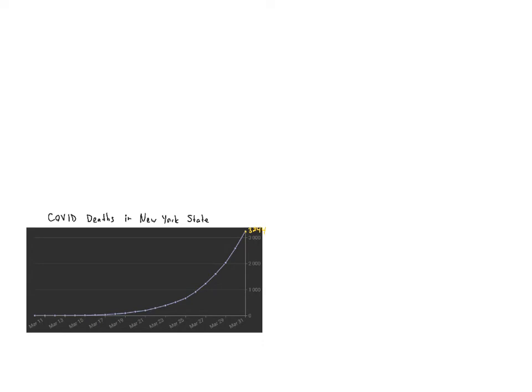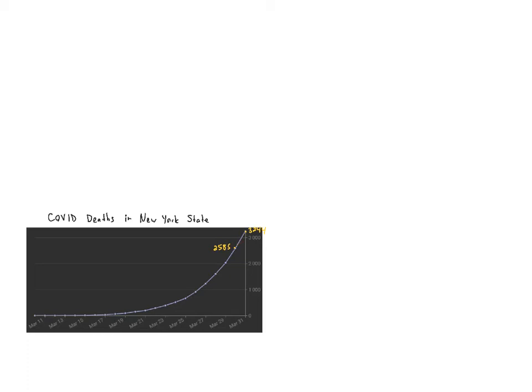And then if we look at the day before that, it is 2,585. So in one day, the number of deaths rose, I think, almost 600 or 700. I believe between 600 and 700 deaths in that day.